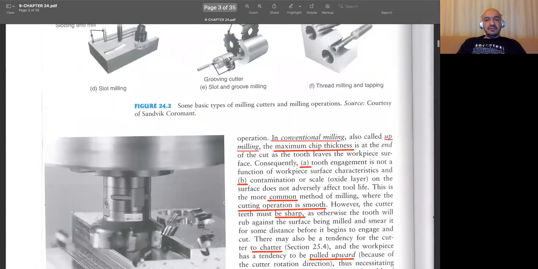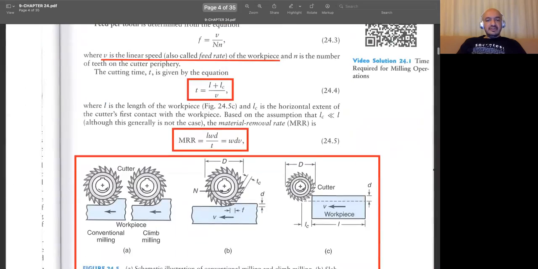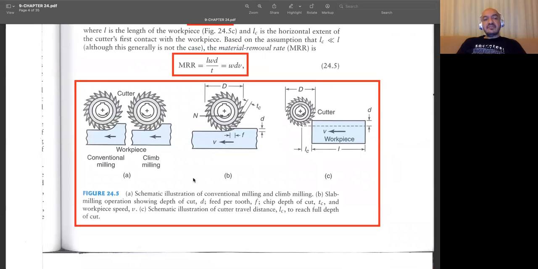And first, I want to show you a schematic showing the main difference between conventional milling and climb milling. So the main difference is actually in terms of the direction of cutting operation. In all of these, in conventional and climb milling operations, right now in our sketch, workpiece is actually moving to left. But if you look at the cutters, they are rotating in different directions.